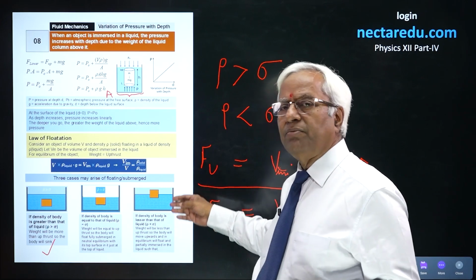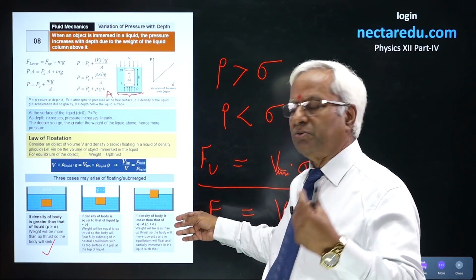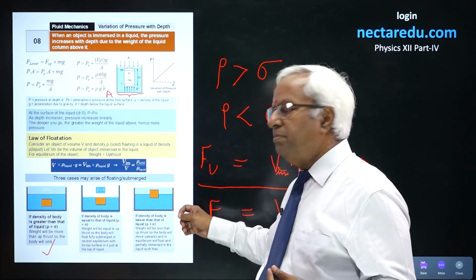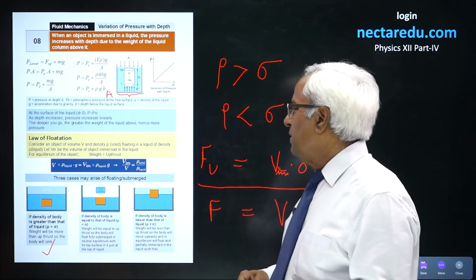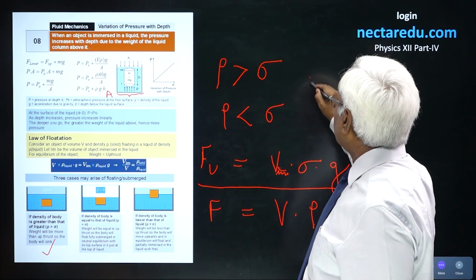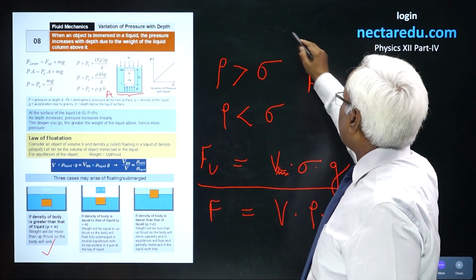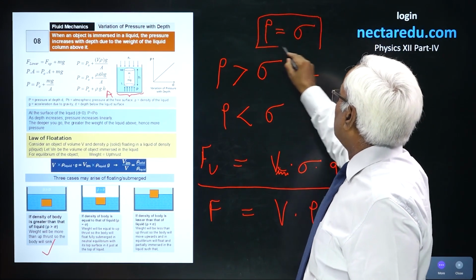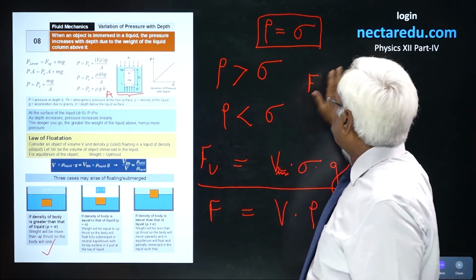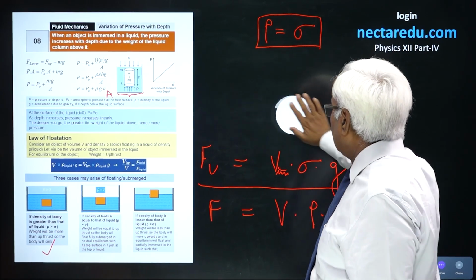In this case, we use both the terms. You could say the body is partially immersed. You could also say the body is partially floating. But when both are equal, this is the most fascinating situation, when the density of the body immersed and that of the liquid become equal.